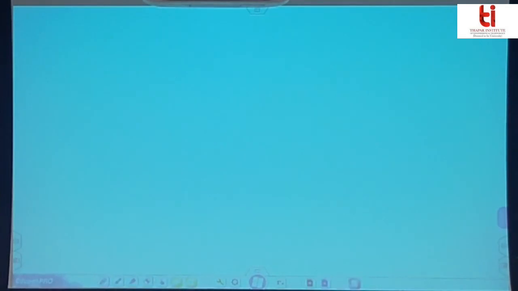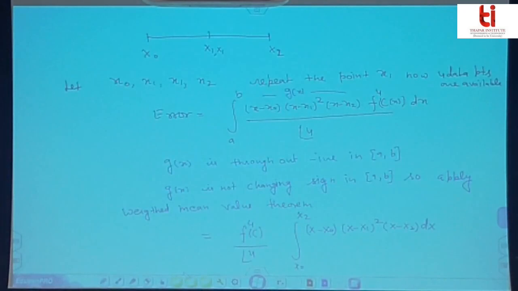The expression we are getting will be minus h5 upon 90 f4(c). Here h is (b minus a) upon 2.